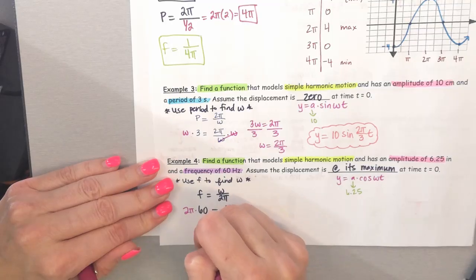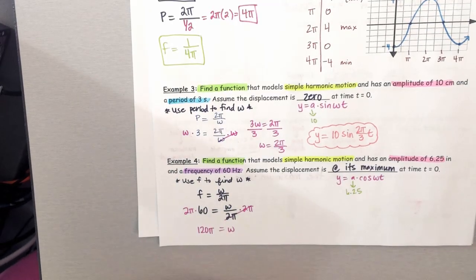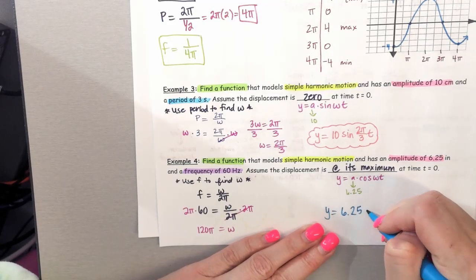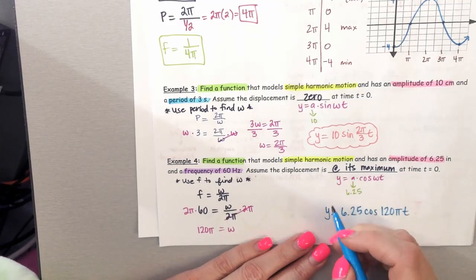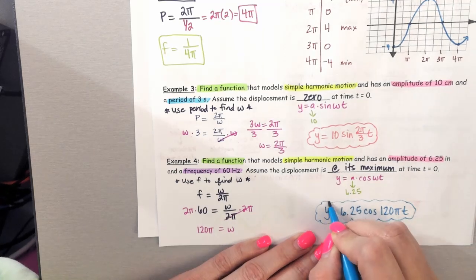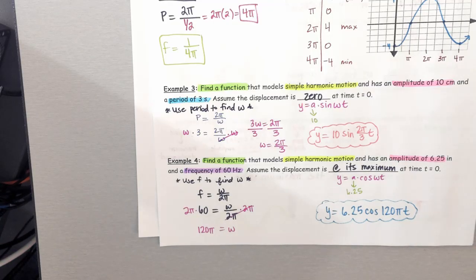So omega will be 120 pi. Then your final answer will be y equals 6.25 cosine of 120 pi t. And again, just make sure you put that variable in there. You need your input variable t, you need your output of y.